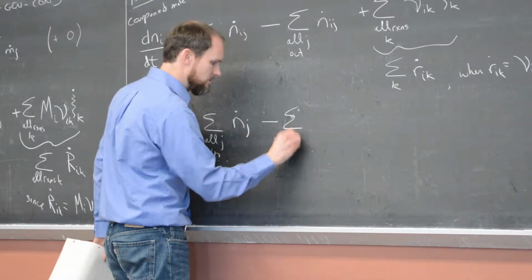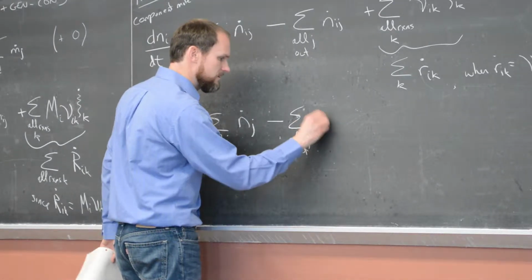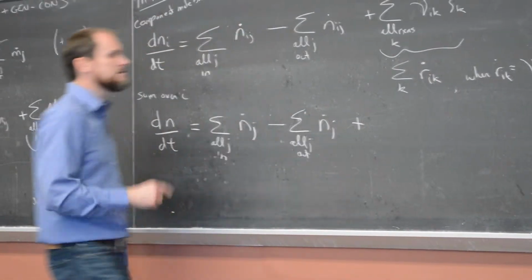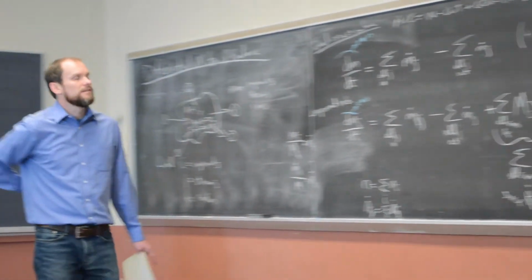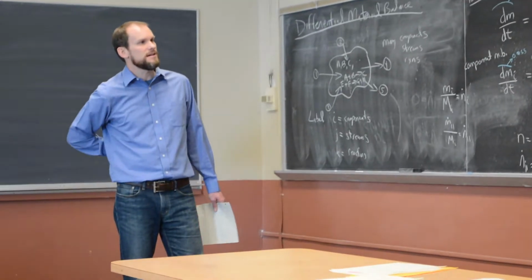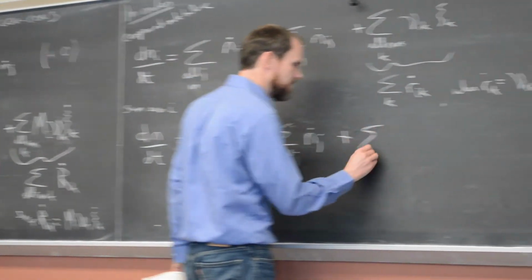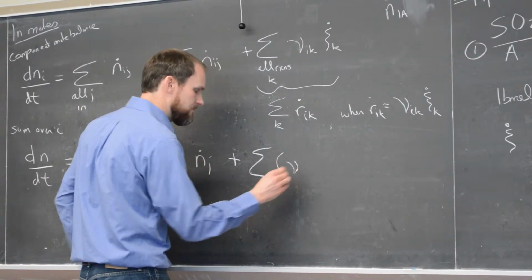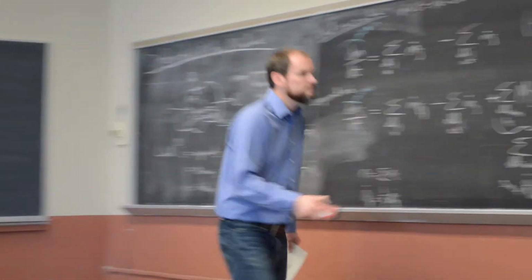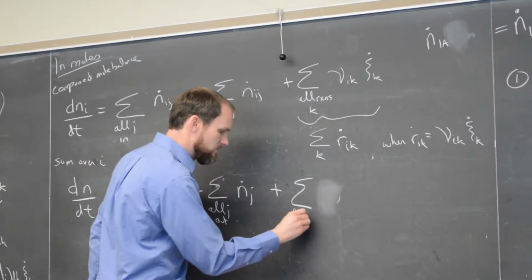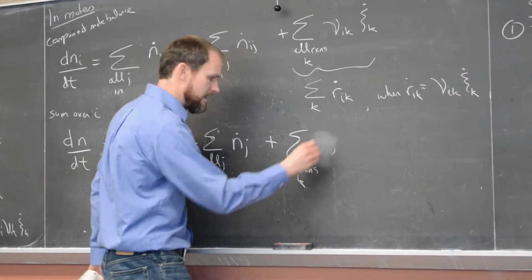Subtract the sum over all j out, n dot j, plus, and now I've got to sum all of these reactions. I can distribute out the xi k, and it's going to turn out to have the sum over all reactions k.